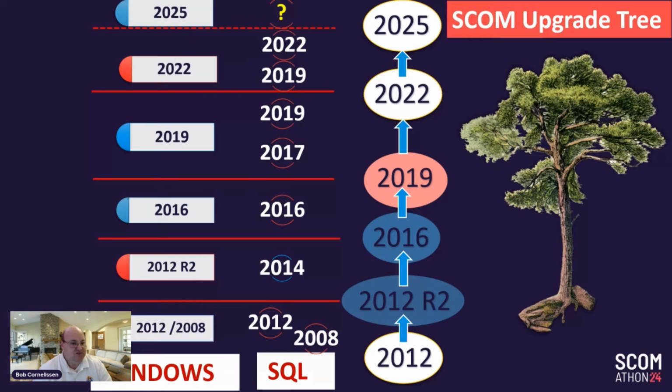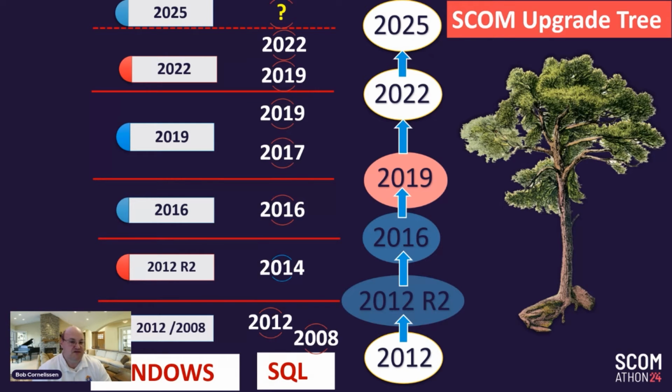Now, we need to pick a combination of those to run SCOM 2022 on. As you can see, we have 2 potential Windows versions and 3 potential SQL versions, which apply if you want to install SCOM 2022 today.